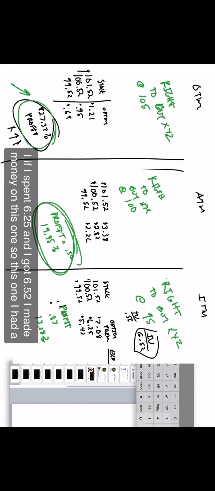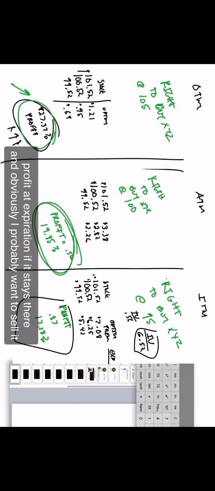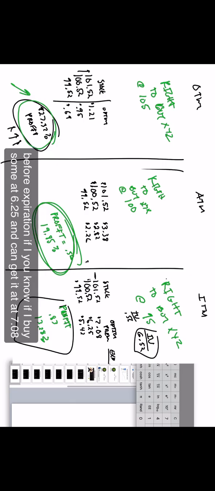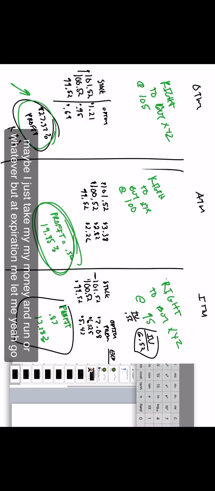So this one, I had a profit at expiration if it stays there. Now, obviously, I probably want to sell it before expiration. If I buy something at 625 and can get it at 708, maybe I just take my money and run or whatever.